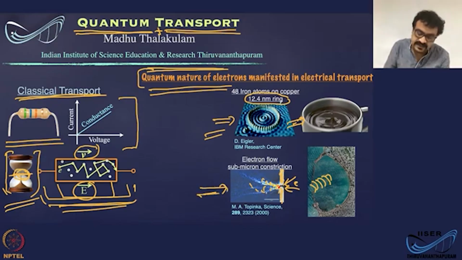Whereas in this case, it is closer to water waves. I mean, this is just an analogy, but there are a lot of details to it, and a lot of variations to this very crude picture of water waves. Those things we will address in detail as we move further.